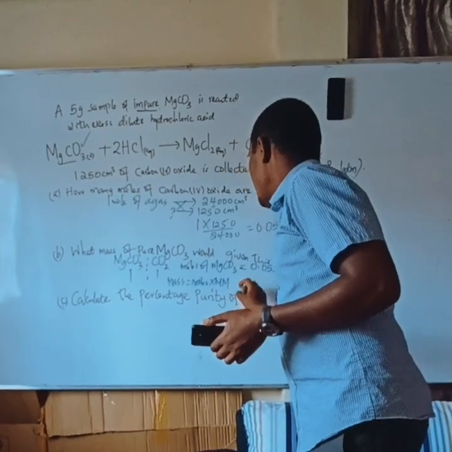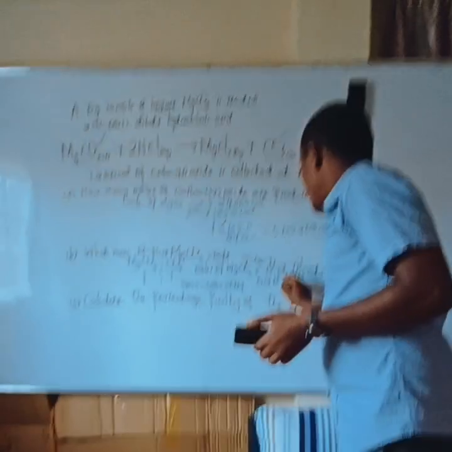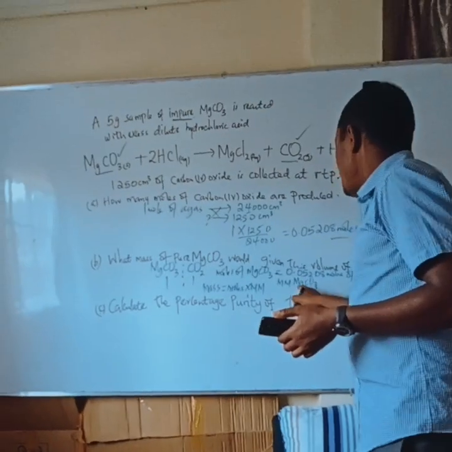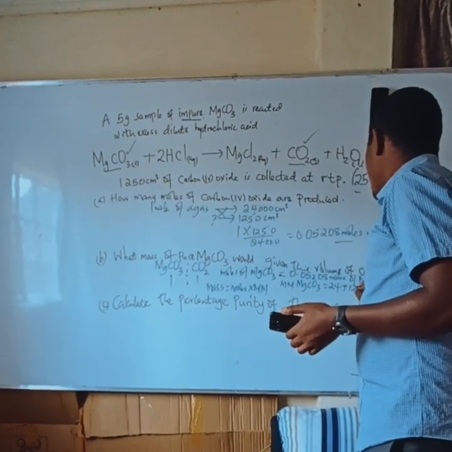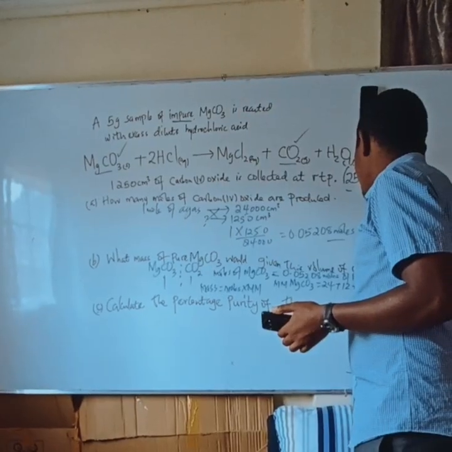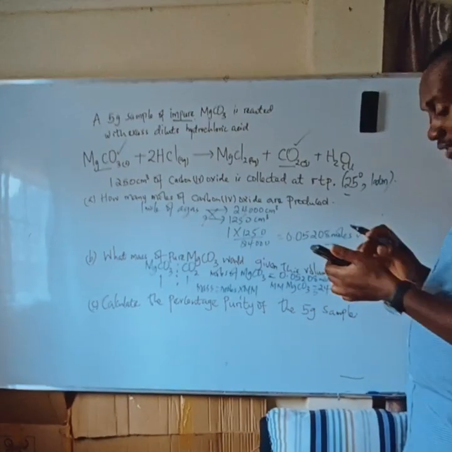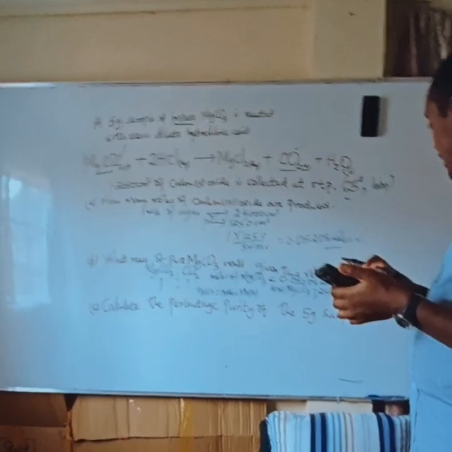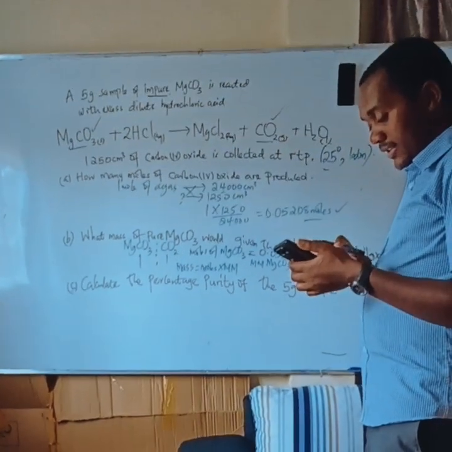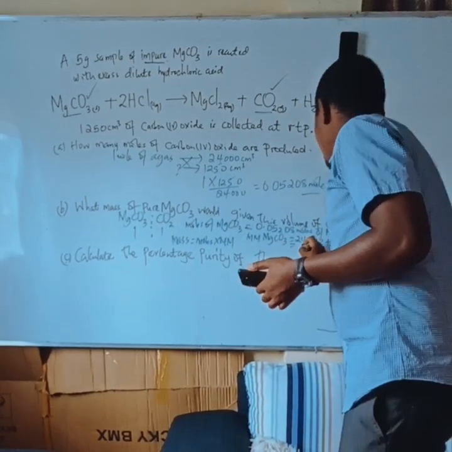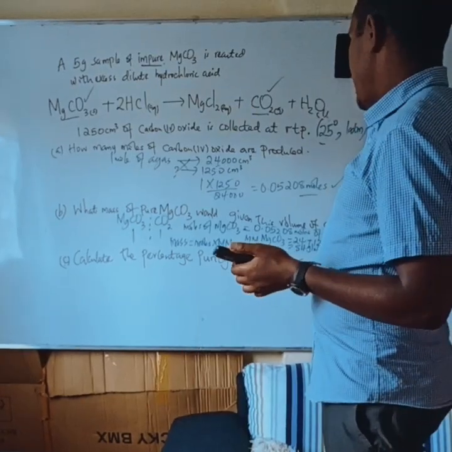What we do now is calculate the molar mass of magnesium carbonate, MgCO3. Mg is 24, C is 12, oxygen there are 3, so 16 times 3. 24 plus 12 plus 16 times 3 gives 84 grams per mole. That is the molar mass of magnesium carbonate.